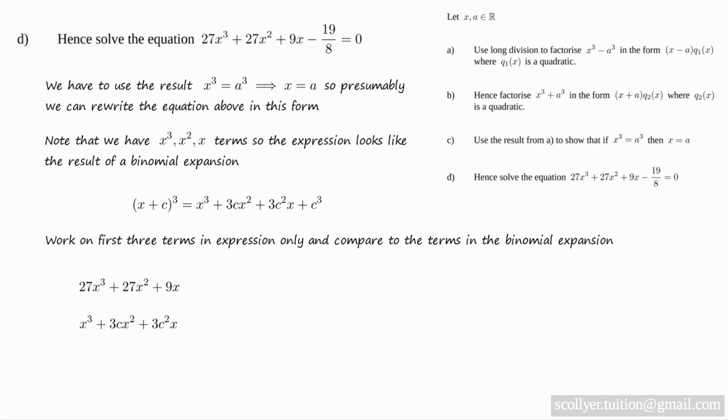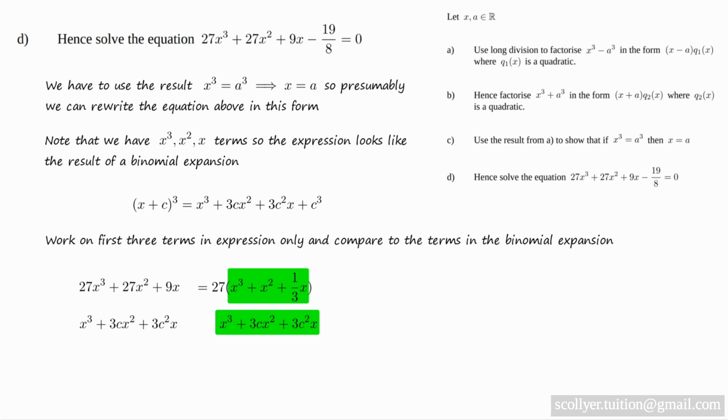However, all is not lost because we can factor 27 out of the equation terms to produce 27 times (x³ + x² + 1/3 x). And now we can see that we have a chance of making the term in the brackets equal to the term from the binomial expansion.